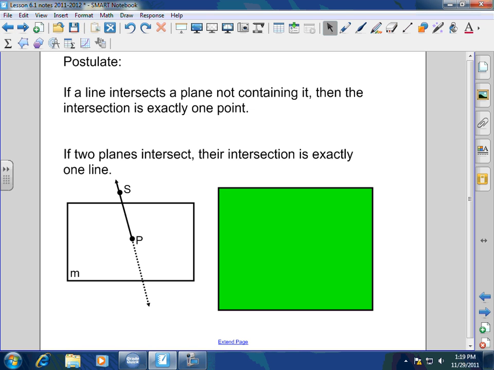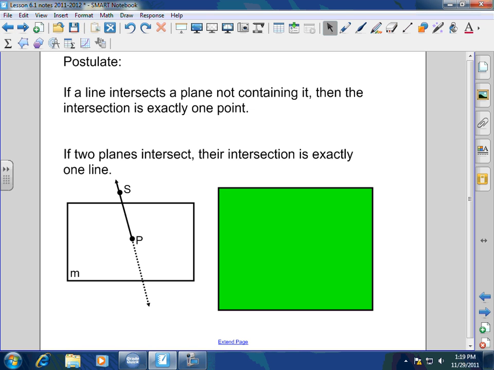If a line, in this case line SP, intersects a plane, in this case plane M, not containing it, then the intersection is exactly 1 point.